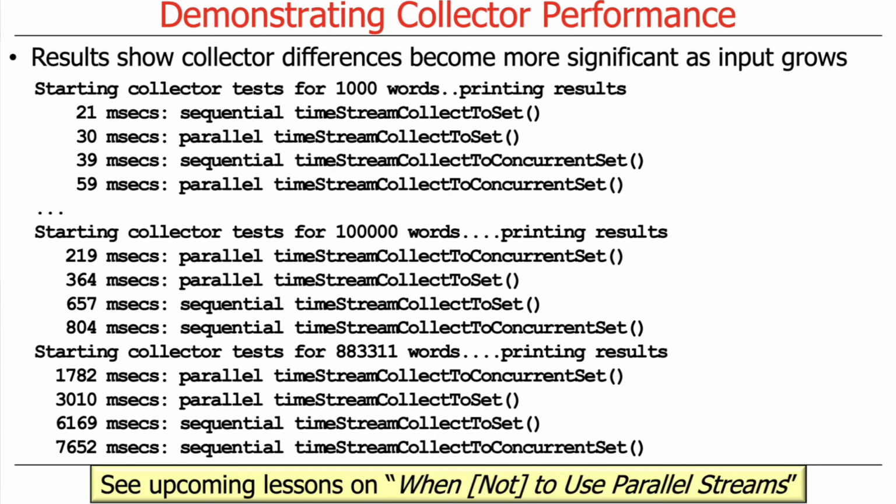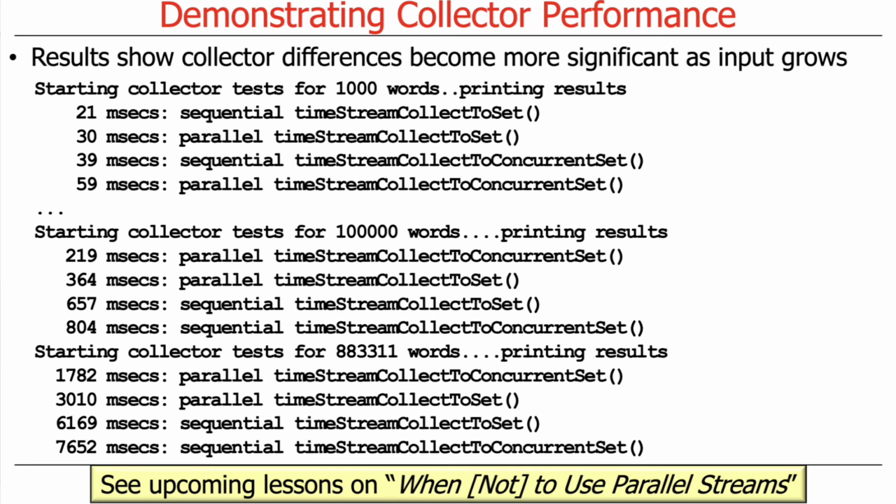They're in the ballpark. When we take all the words of Shakespeare, all 883,311 unique words, and we do stuff with them, now you start to see that using parallel streams and concurrent collectors are a big win. In this case, lower numbers are better. That means it took less time to do the collecting.